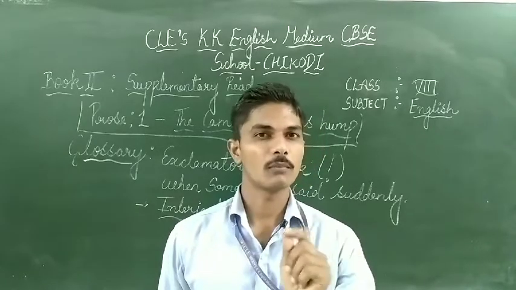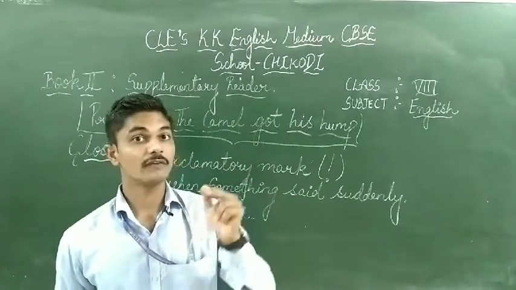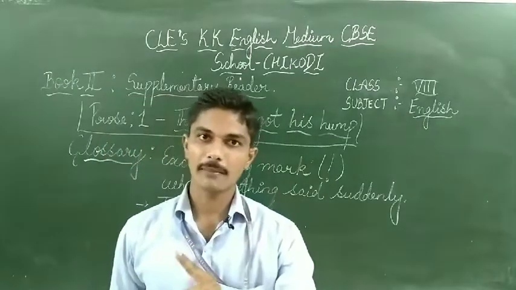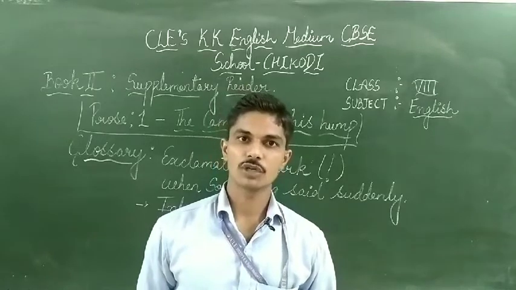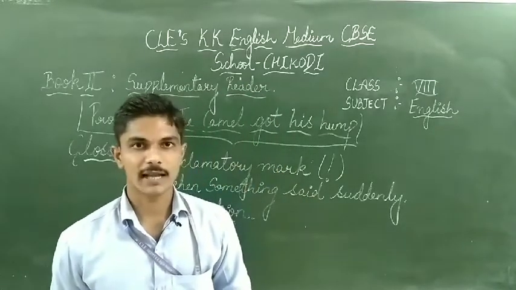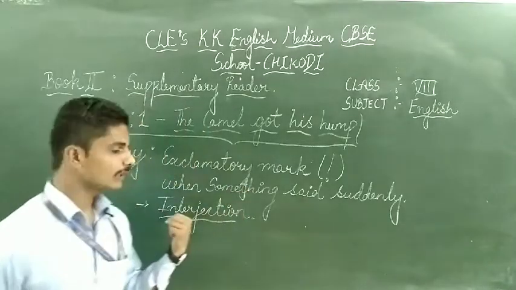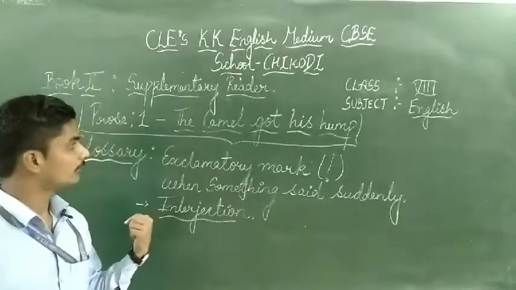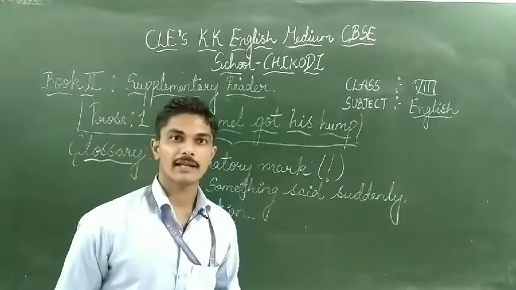You have to write more and more. The more you write, the more you learn. So make 2 notebooks of 150 plus pages, one for grammar and one for literature. Whatever there is in the literature portion, you have to write its questions and answers, its comprehension questions, its difficult words that come in the glossary, and whatever is written here on the board, it should be noted down in the notebook with their exact meaning.